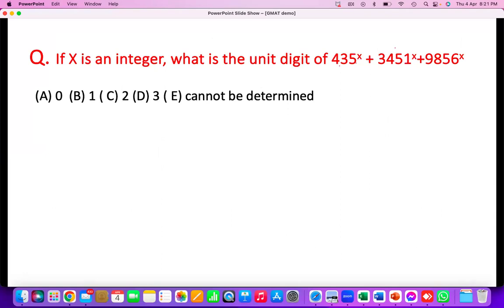If x is an integer, what is the unit digit of 435 raised to x plus 3451 raised to x plus 9856 raised to x? This is problem solving. You solve the question and then answer. Take anyone. You understood the question, right, Ronak?